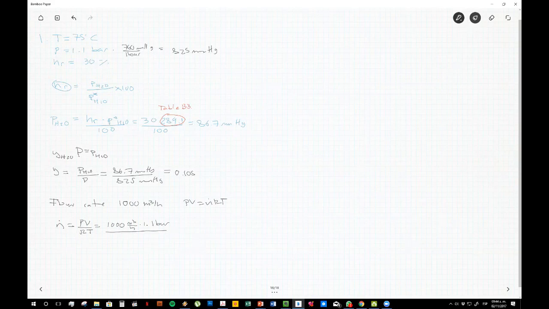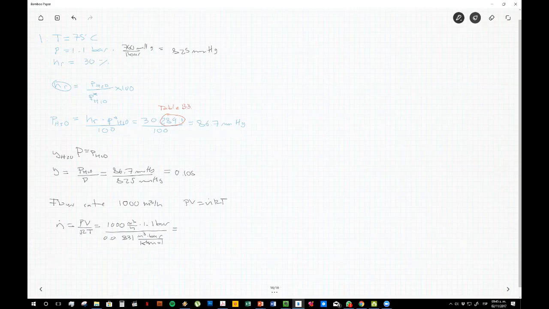And R in those units is 0.0831 cubic meters bar per kilomole Kelvin.